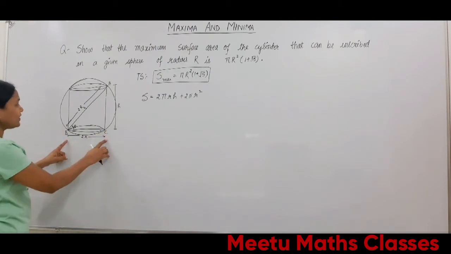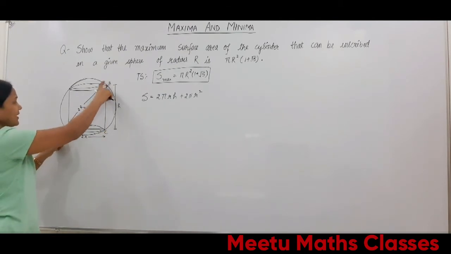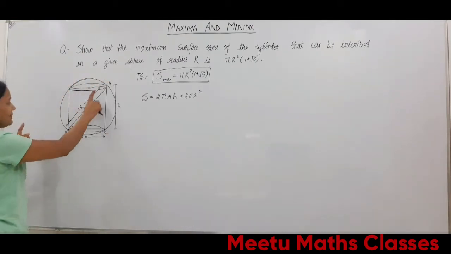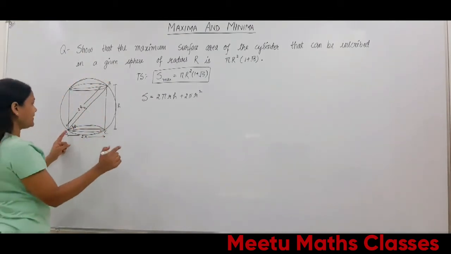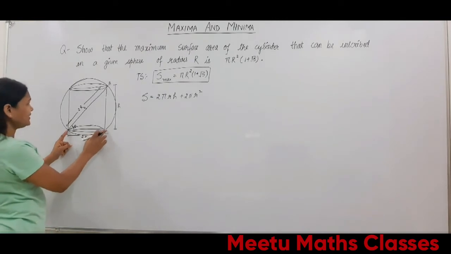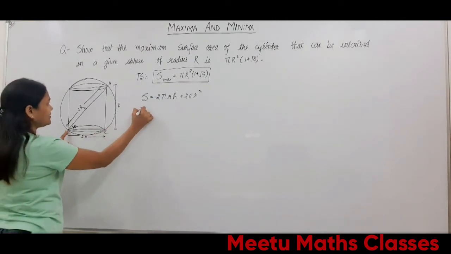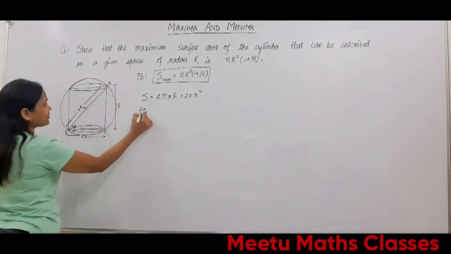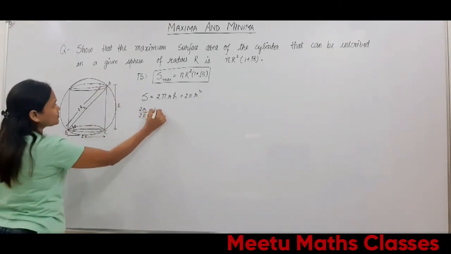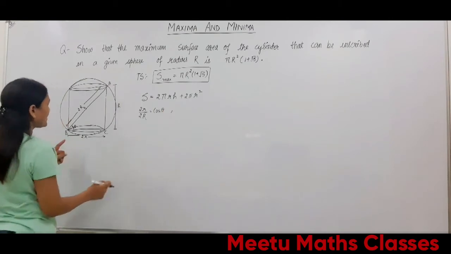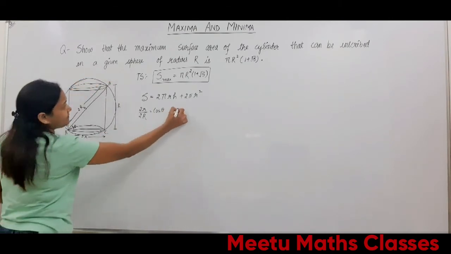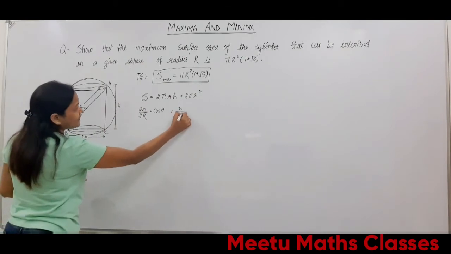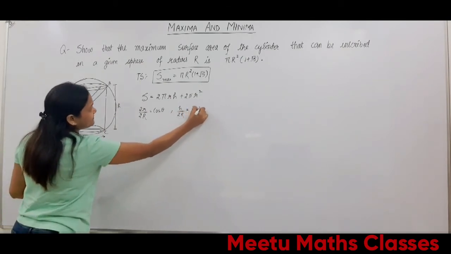तो 2r and this is 2 capital R and this is AC is h. So by applying trigonometry you will get, base upon hypotenuse, 2r will be equals to cos theta, and perpendicular upon hypotenuse, 2r will be equals to sin theta.